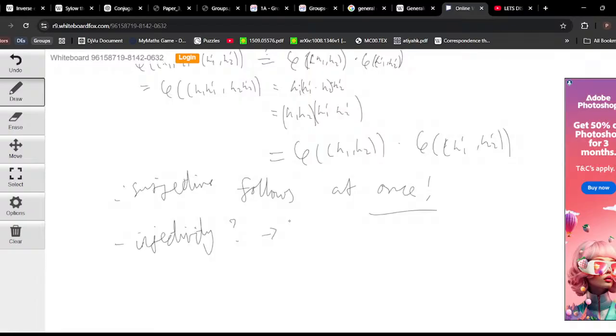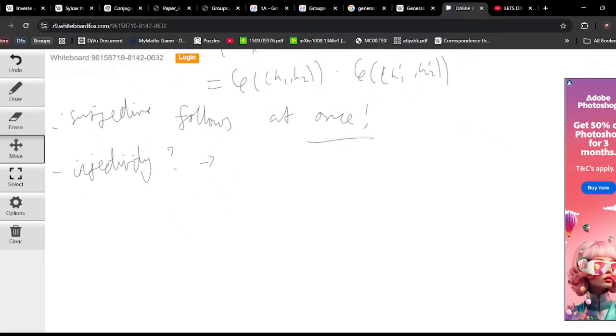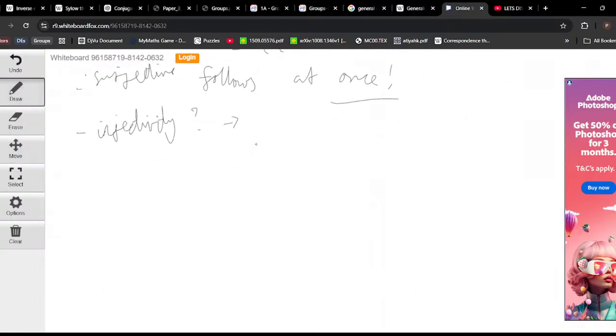I'll talk about this later, but let me just proceed. I should have done this first. I claim that the kernel of phi is just E, like so. Why?